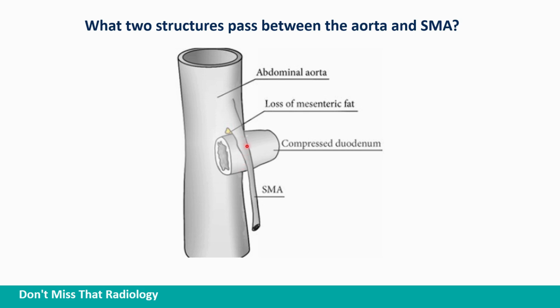And one of those things is the aorta SMA interval. And if that distance decreases when you lose weight quickly, those two things going between the aorta and SMA, the duodenum and left renal vein, can get squashed.